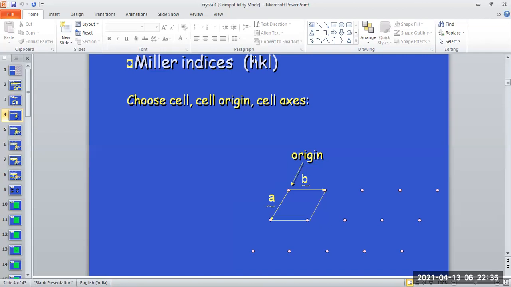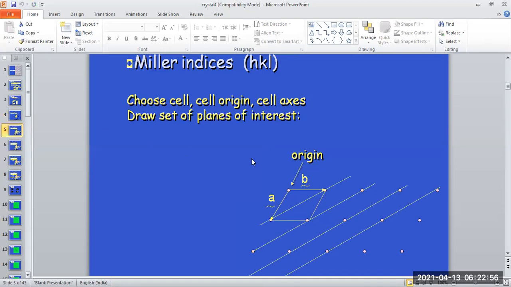First we have to choose a unit cell, then decide what its origin will be, and how the axes of the cell look and are represented. That part we have to do in order to designate Miller indices.